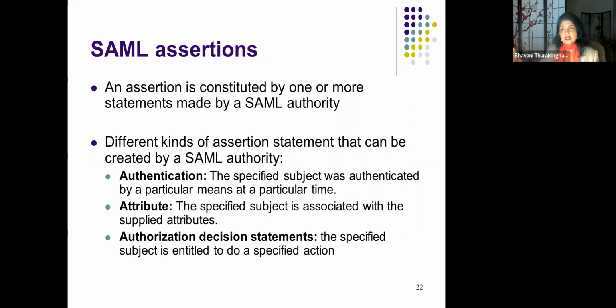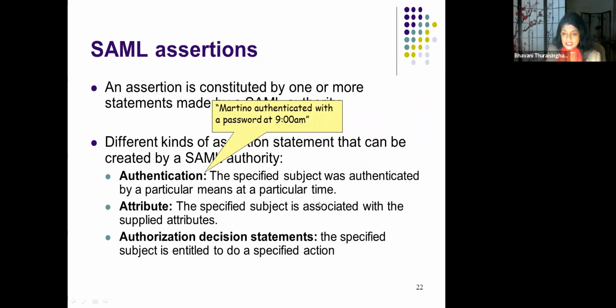He's a professor, and he lives in Texas, in a house, a $200,000 home, and so on. Authorization decision statement: the specified subject is entitled to a specified action.